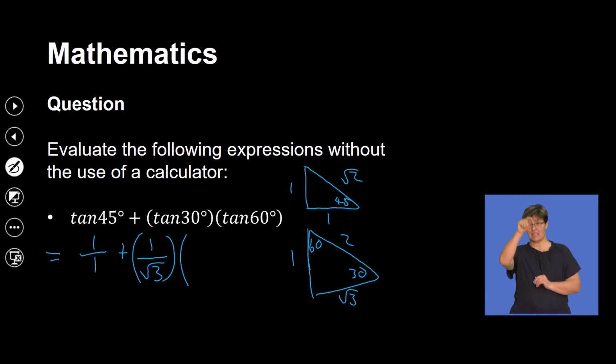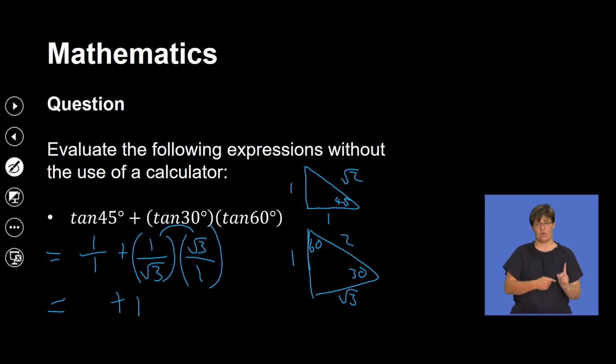Opposite of 60 is root 3 over the adjacent, which is 1. If I multiply these two fractions, I will be left with 1 plus 1 over 1 is also 1, and my final answer will be 2.